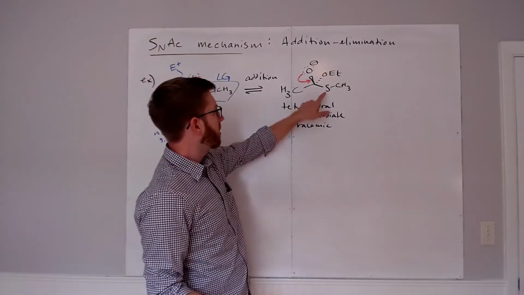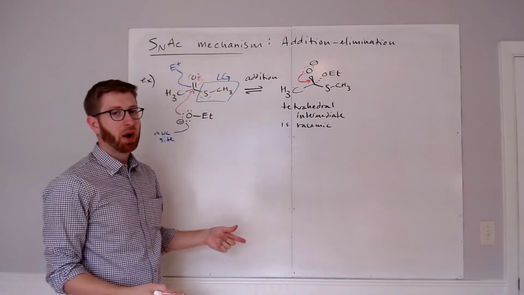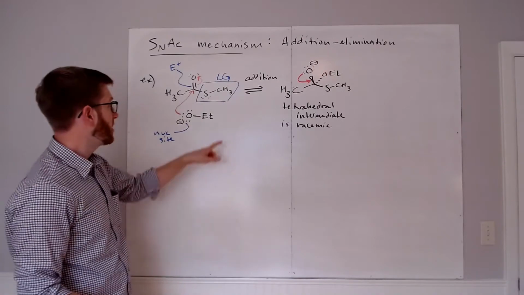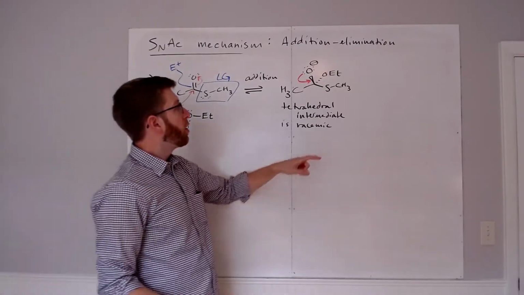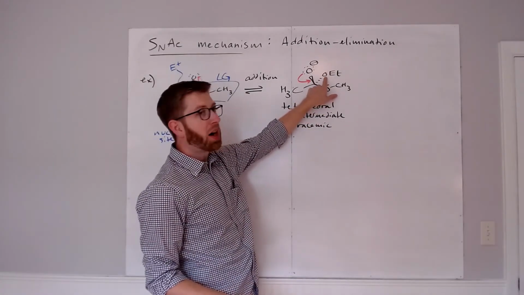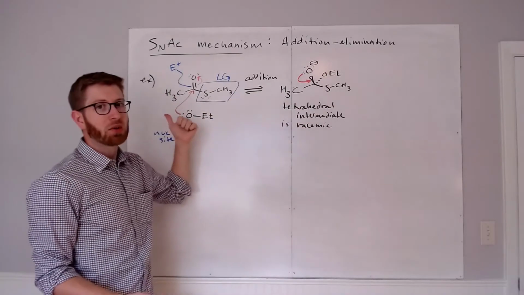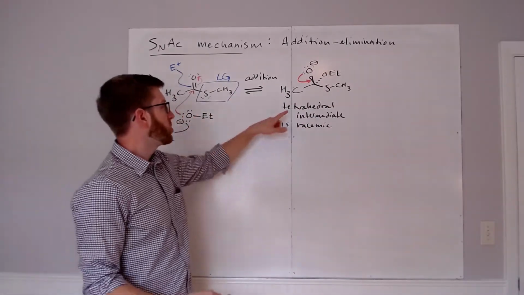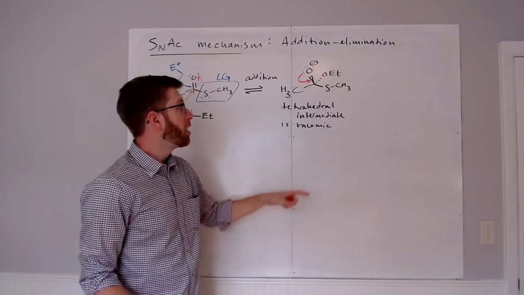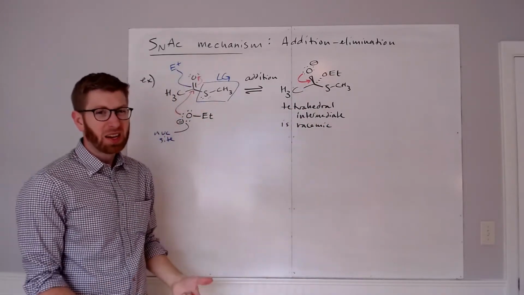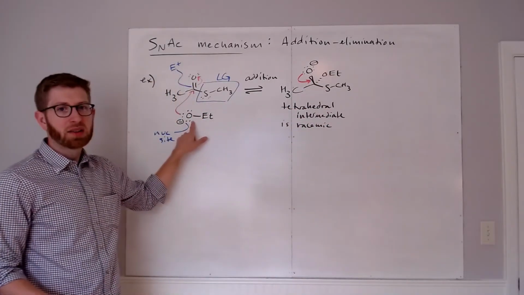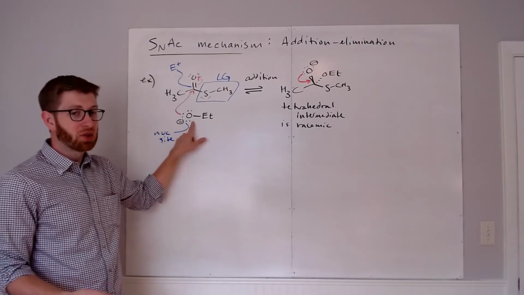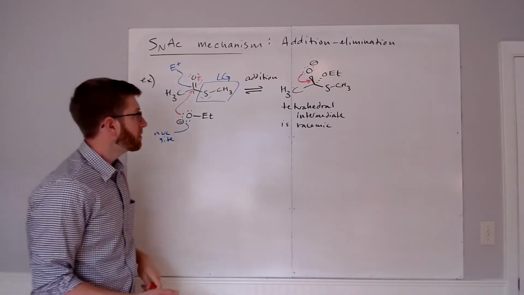I could eject the sulfur, which I know is what's going to probably give rise to product formation since I've identified that as the leaving group. Or I could eject the oxygen here. So that literally runs the reaction backwards. Of those options, ejecting sulfur is probably the best, but ejecting oxygen is probably the second best, because this anion is not great, but it's certainly better than the carbon anion.